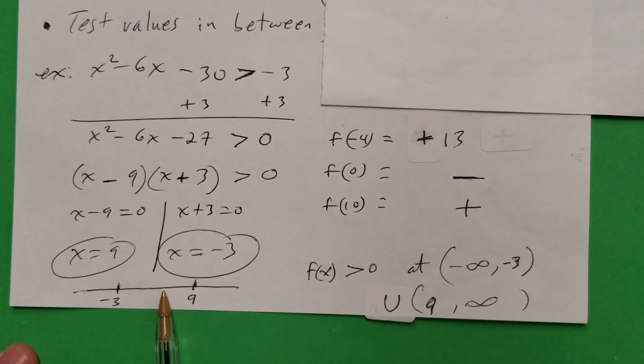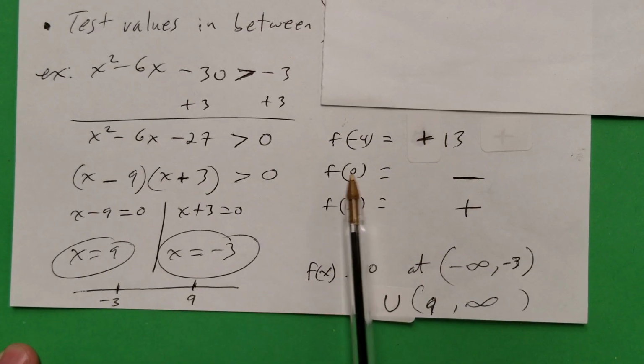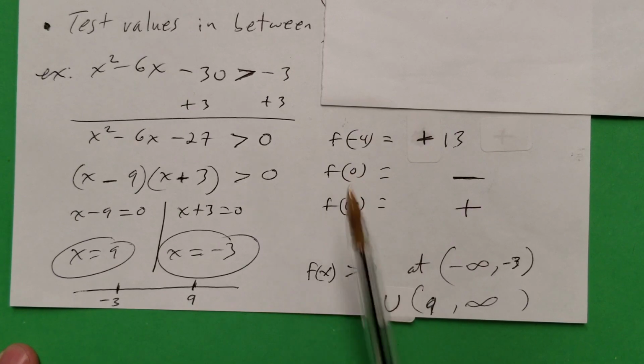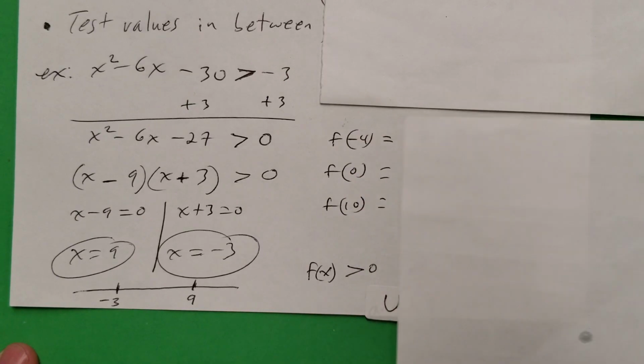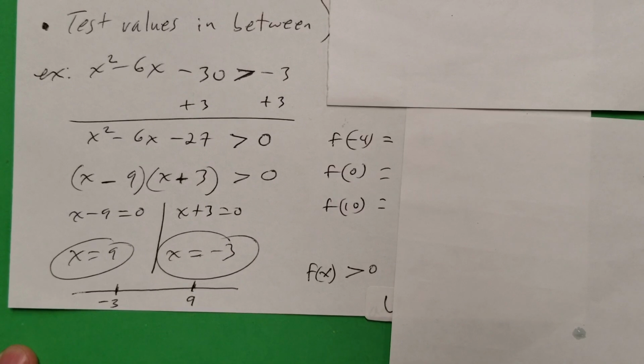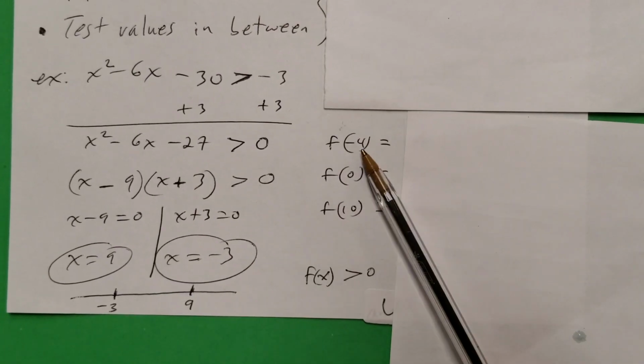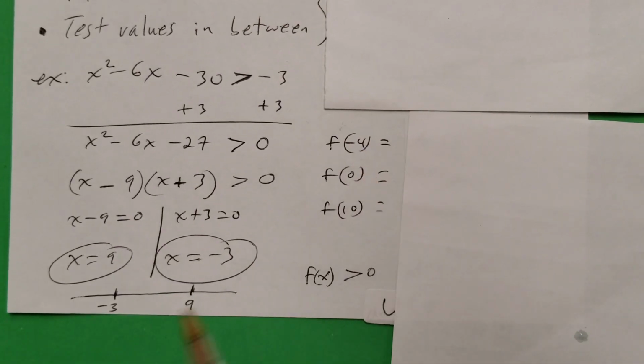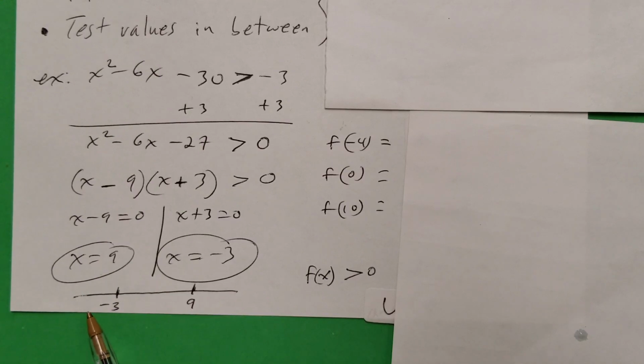But I chose 0 because it's the easiest. And then you can choose any number past here. I chose 10 because it's the smallest on this side here. Okay? So now, depending on if they give me a positive or negative answer, I'll know if I'm above or below.